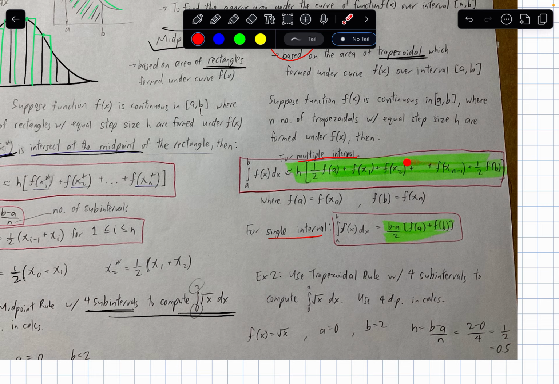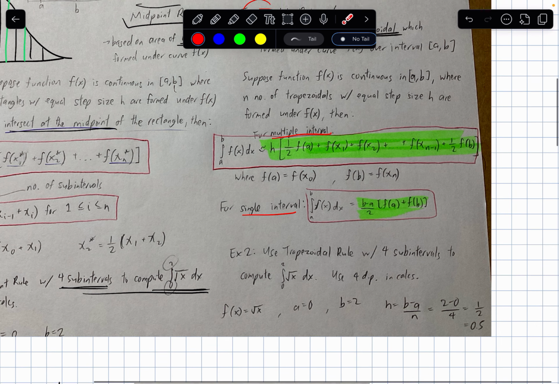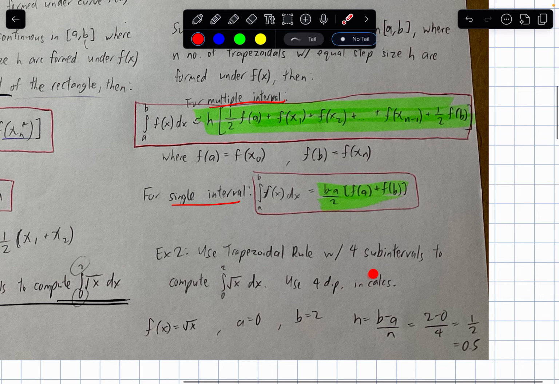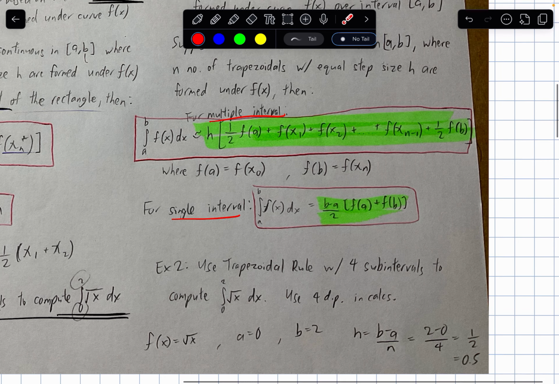And then what's in between that we add together, f of x1, f of x2, etc. So that basically depends on how many subintervals will be involved. No? So kung 4 subintervals, just like the example that we will work on later, hanggang f of x sub 4 dito. No? So that is for multiple interval.